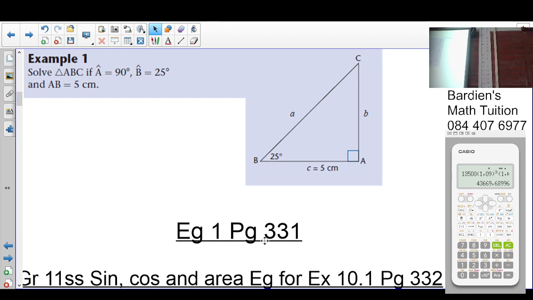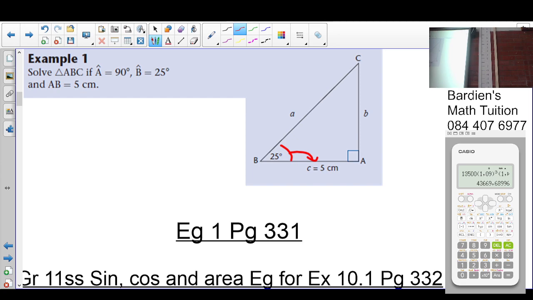That means I must calculate all the unknown angles and all the unknown sides. Angle B is 90 degrees, angle A is 25 degrees, and AB is 5, which is lowercase c. So in other words, I must calculate lowercase a.